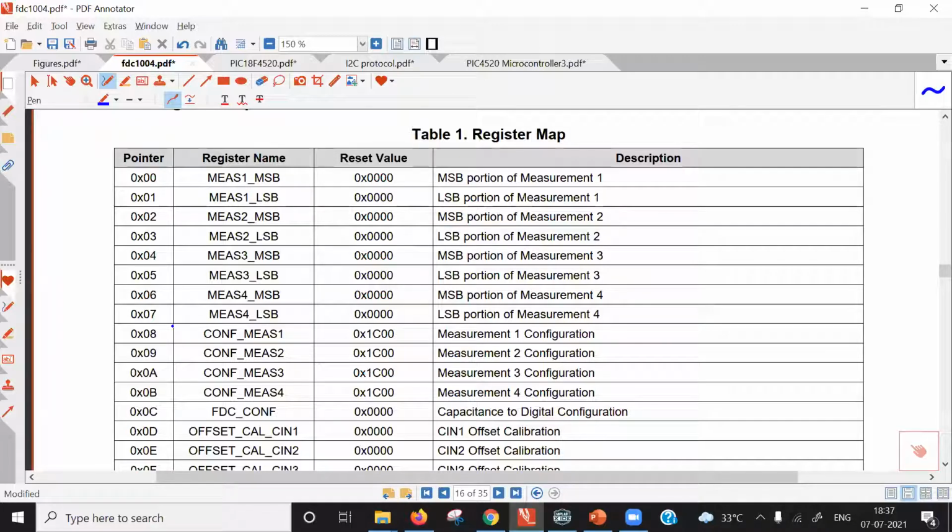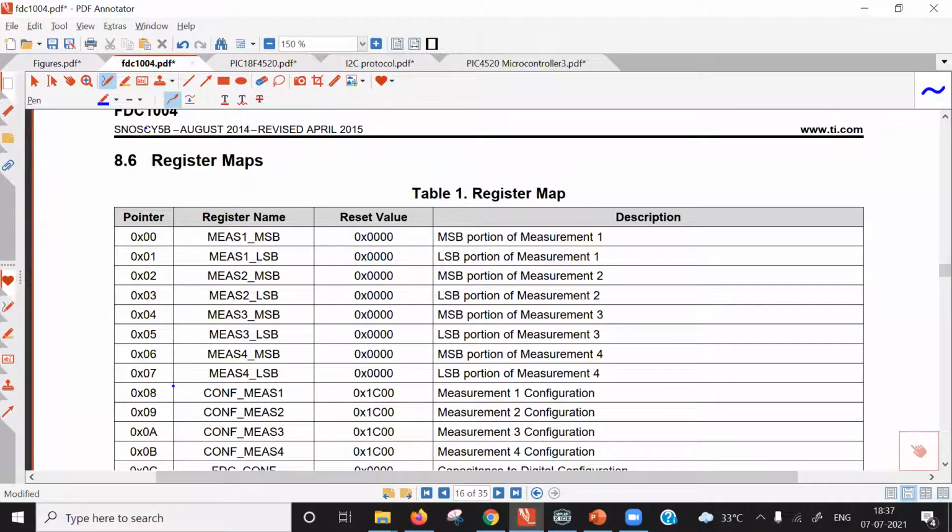These first 8 registers here are all 16 bits. Let me once again remind you, all on-chip registers are 16 bit except the pointer. The pointer register is 8 bit, and the remaining registers are all 16 bit.